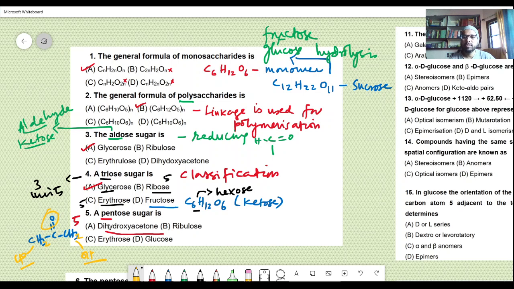It's a triose, so it doesn't go for this 5. So the only option left is ribulose, which is a pentose sugar with 5 carbons. Ribose and ribulose have the same thing. Erythrose and glucose have 6 carbon atoms, so they belong to hexose. Here you have only B as the option.